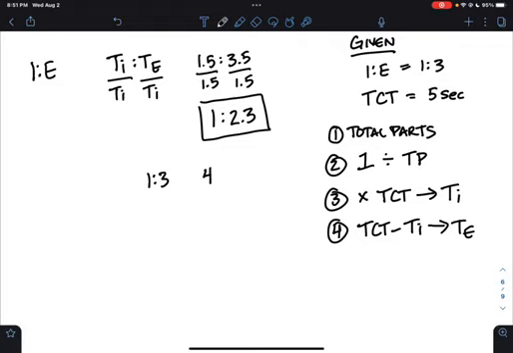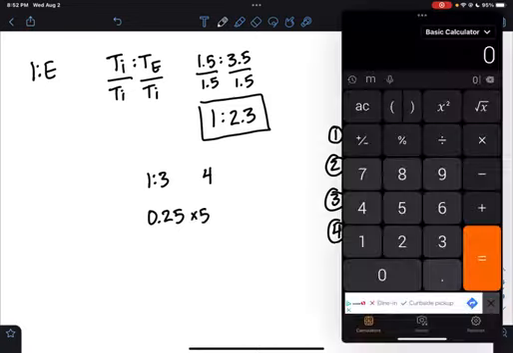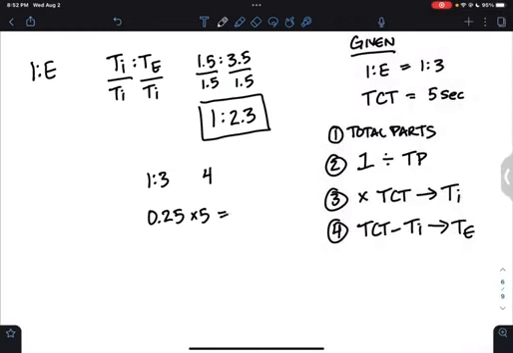And then you do 1 divided by total parts, which is 0.25. And then you multiply that by the total cycle time. 0.25 times 5, you get 1.25. So this is your I time.